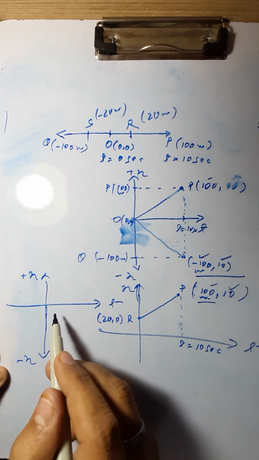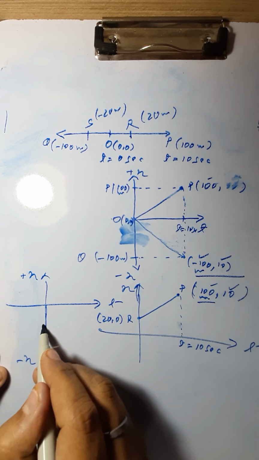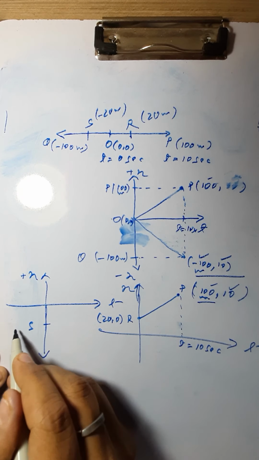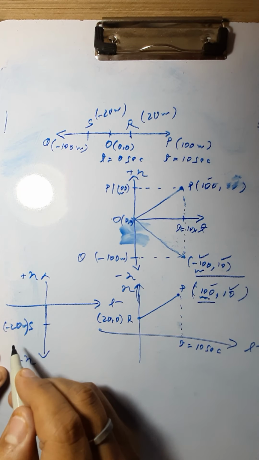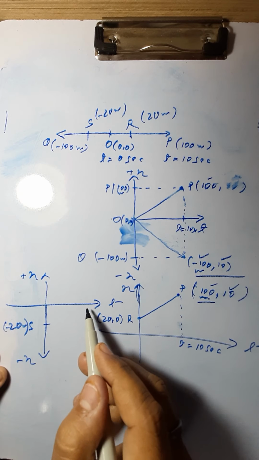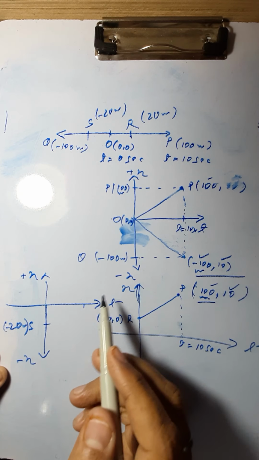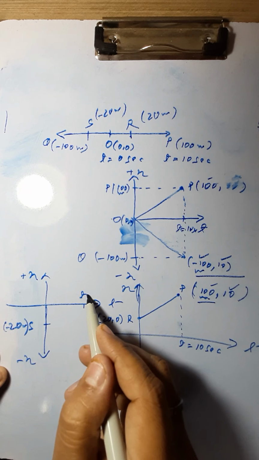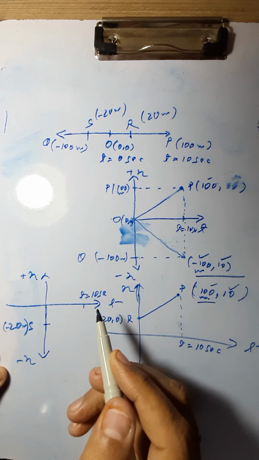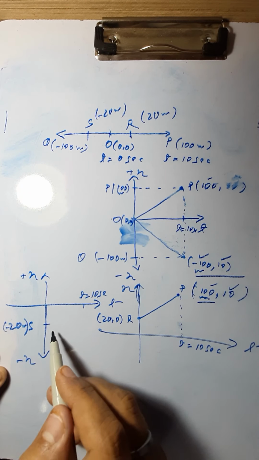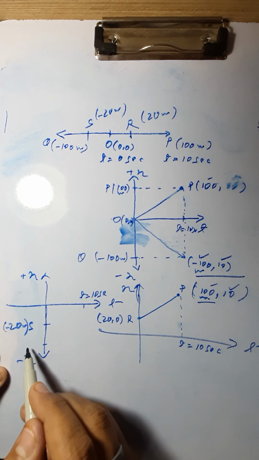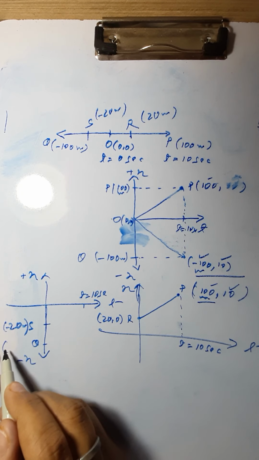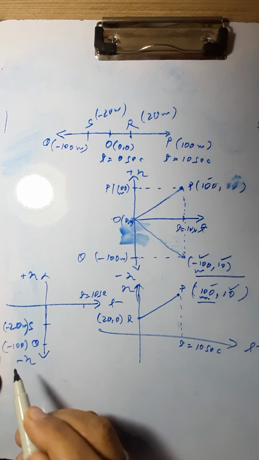So at t equal to 0, the particle is at point S, whose coordinate is minus 20 meter, and at t equal to 10 seconds, the particle reaches the point Q, whose coordinate is minus 100 meter.